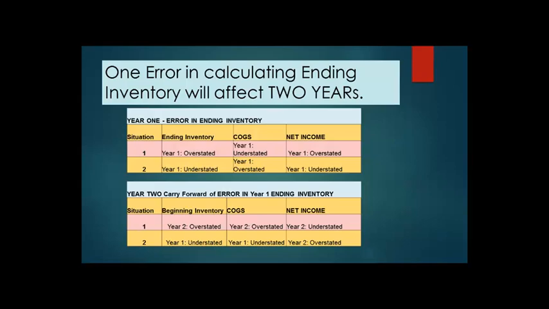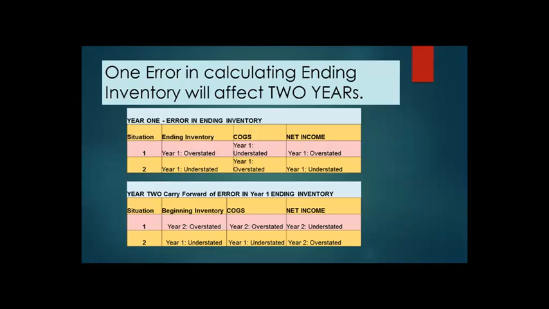Let's go back and say situation number two. What if you understate ending inventory? Then cost of goods sold will be overstated and net income will be understated in year one. If you understated ending inventory in year one, in year two, the beginning inventory will also be understated because it's the same amount.